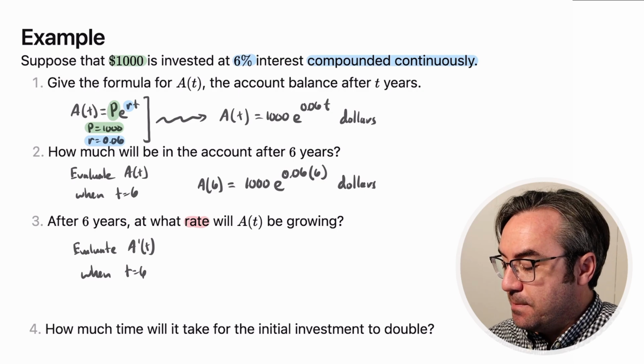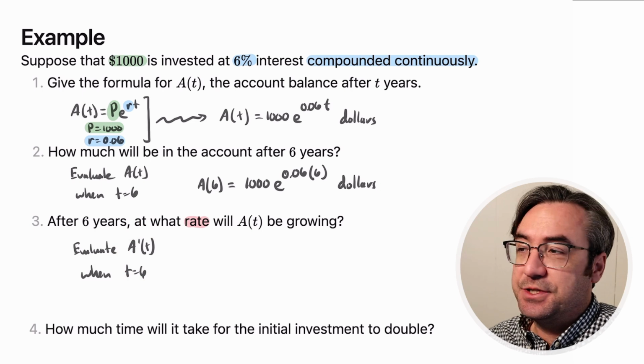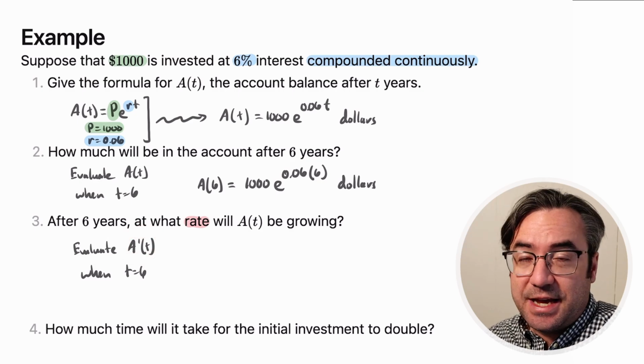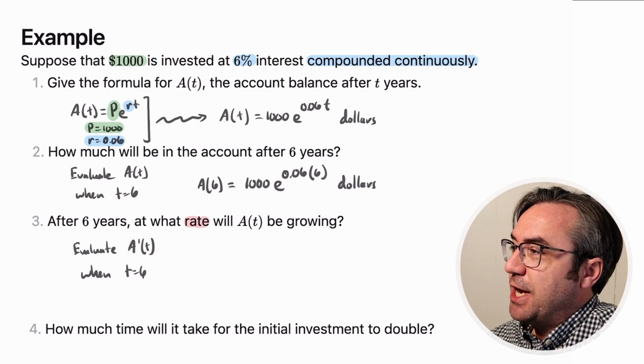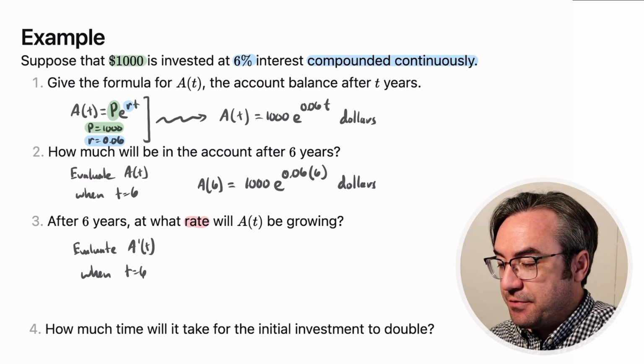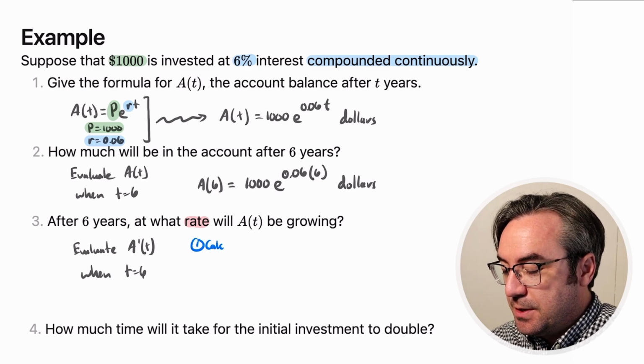So we want to know how much our account balance is growing after 6 years. So we want to know what the value of our derivative is after 6 years. That'll tell us the rate of change. So first of all, we have to calculate our derivative.